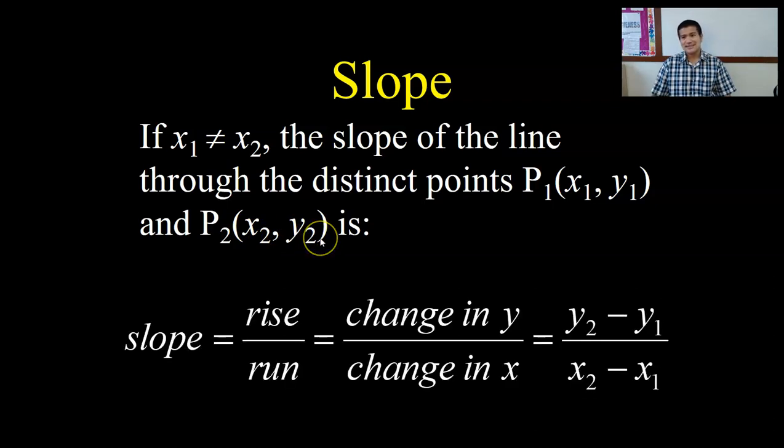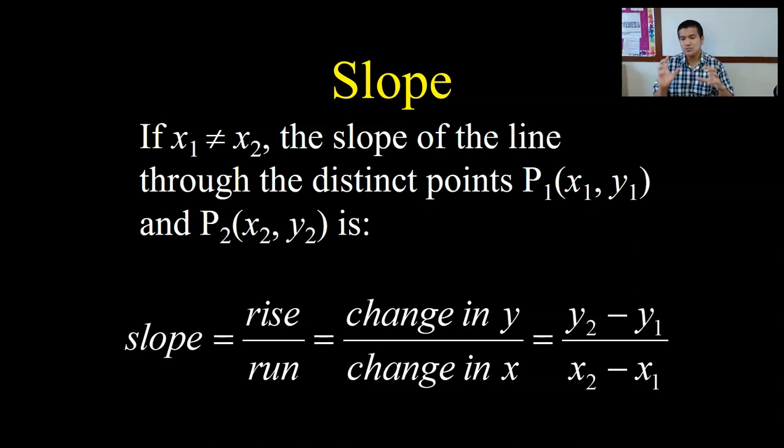The slope is the rise over the run, the change in y over the change in x. This is now our equation: y sub 2 minus y sub 1 over x sub 2 minus x sub 1. That is how you will solve for the slope of the line.